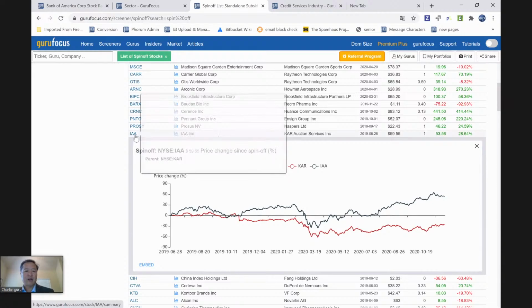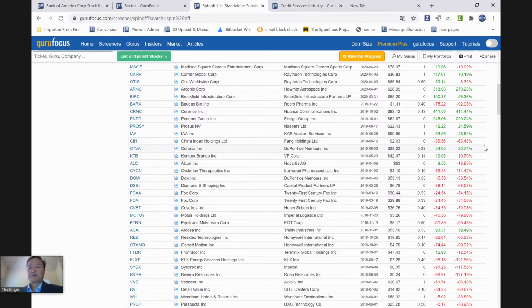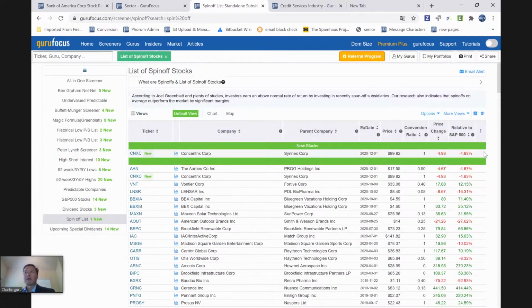For instance, this RACE Inc. is a spin-off of a car auction service. And indeed, it has a much better performance than the parent company stock. But those are tricky. Investing in spin-offs might be a gold mine, but it can be tricky. You need to be careful.